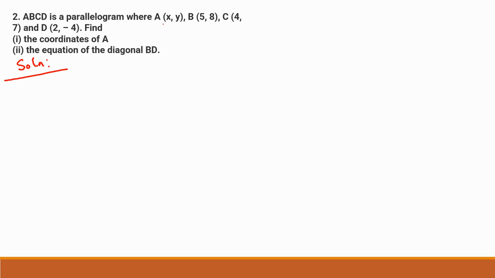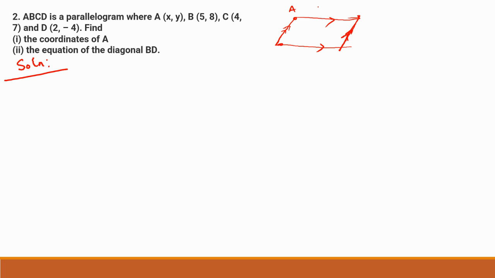So you see, ABCD is a parallelogram, something like this, right? Where two sides are parallel to each other. Like this side will be parallel to this side, and this side will be parallel to this side. This is a parallelogram, right?